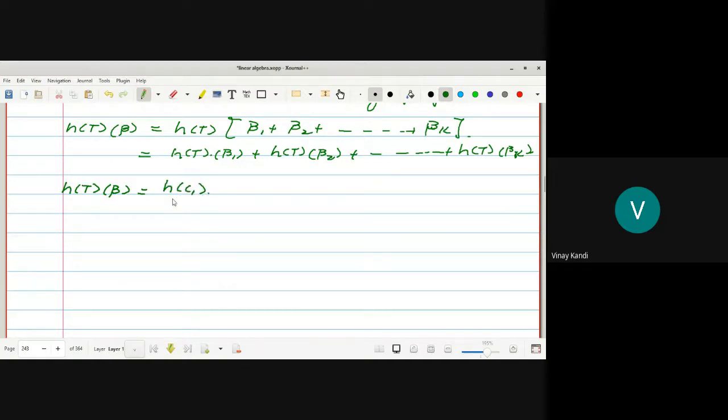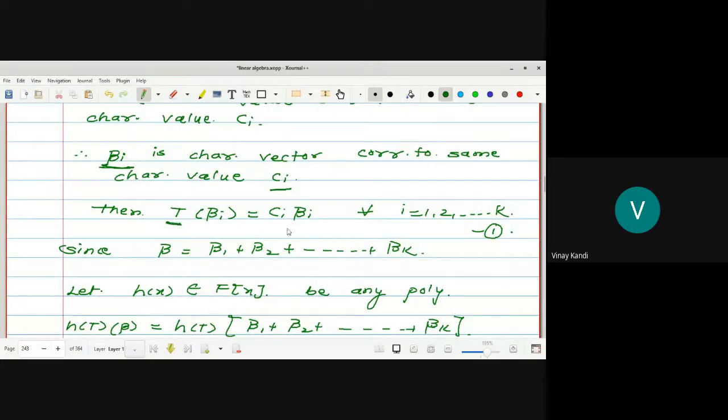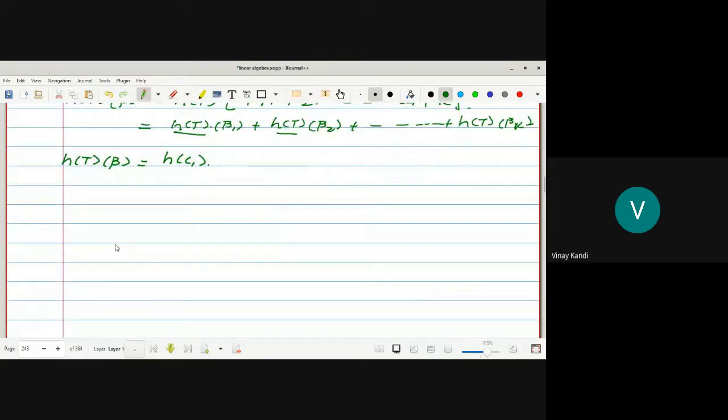What will come here? Now this is an operator, this is a scalar, c is a scalar. If it is h of T then the operator will be h of c. Okay, the first theorem: h of c1 of b1 plus h of c2 of b2 up to h of ck of bk. Is it correct? Why? Yes. Because f of T of alpha is equal to f of c into alpha, where c is the characteristic value of T.